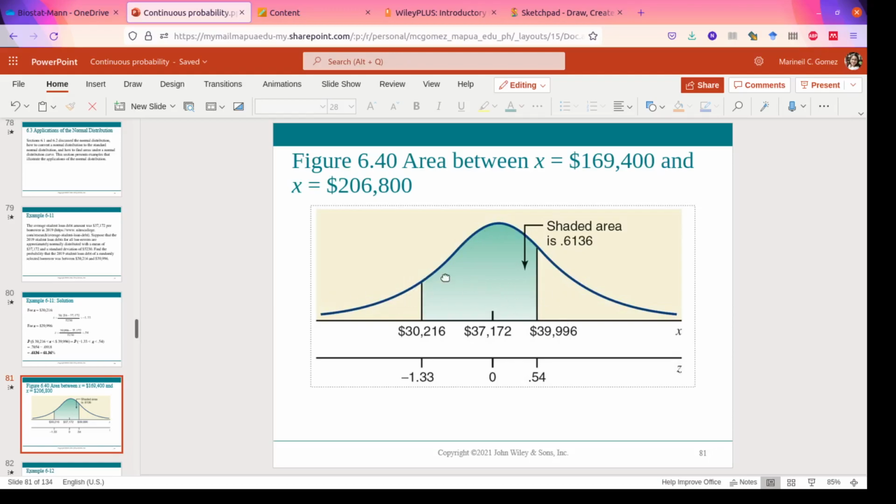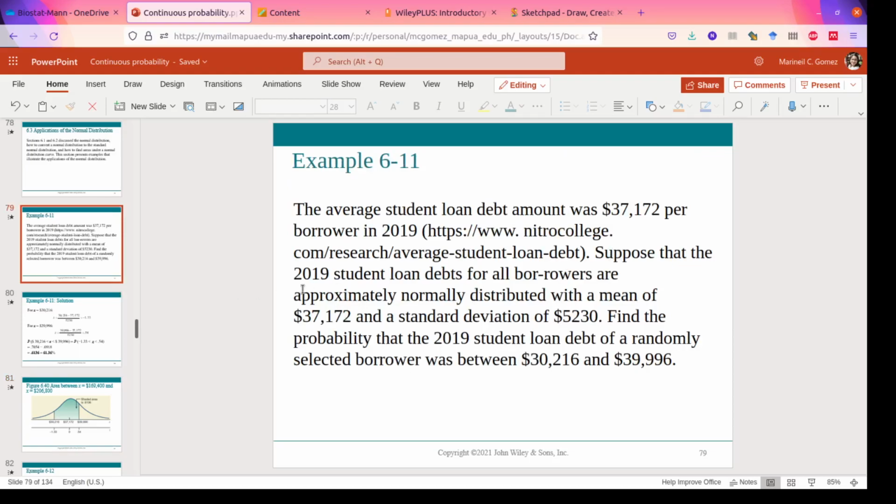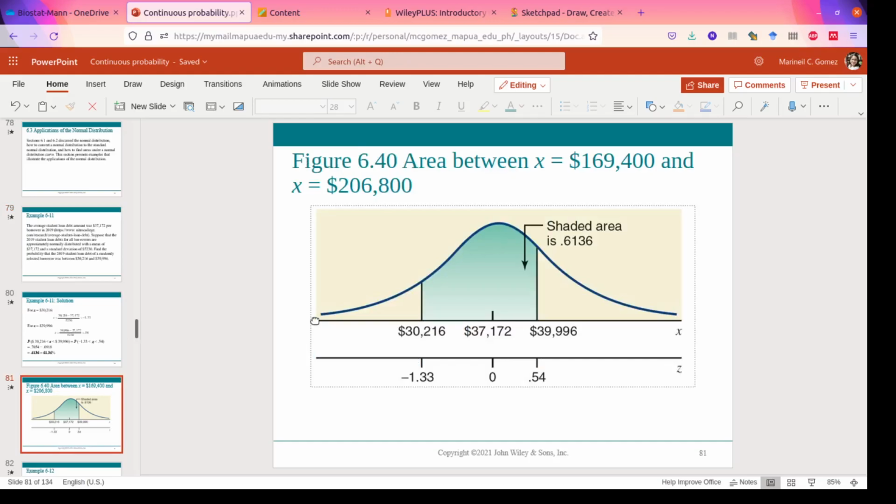Anyway, since the statement of the problem explicitly states that it approximates a normal distribution, we are going to apply the normal distribution. This is the mu, and the standard deviation is not shown. This is negative 1.33, the area beneath the curve between negative 1.33 and 0.54.